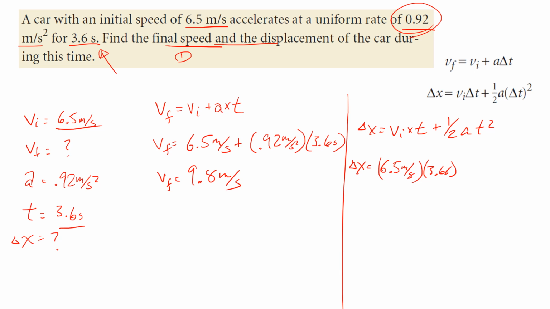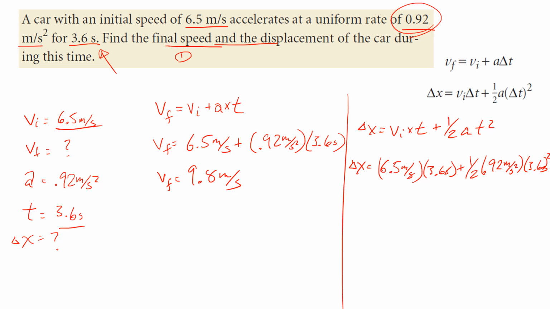Notice that seconds will cancel. We'll be left in meters, which is good, we're finding displacement. Plus 1/2 times our a, 0.92 meters a second squared, and again, time is 3.6, and I'm going to square that, seconds squared.